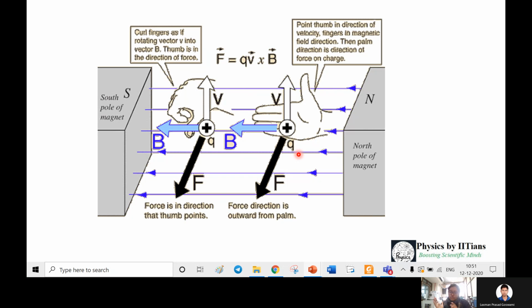Take your hand and use it just like a screw: curl the fingers and the thumb will give you the force direction. Or you can also use the right hand palm rule for the same.